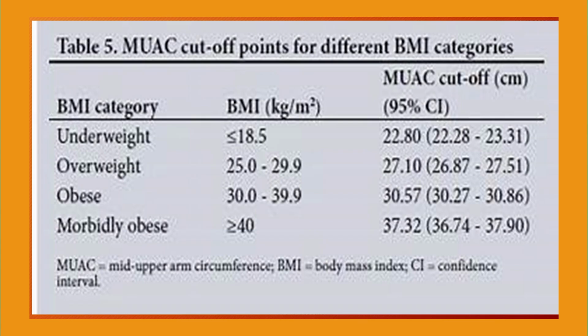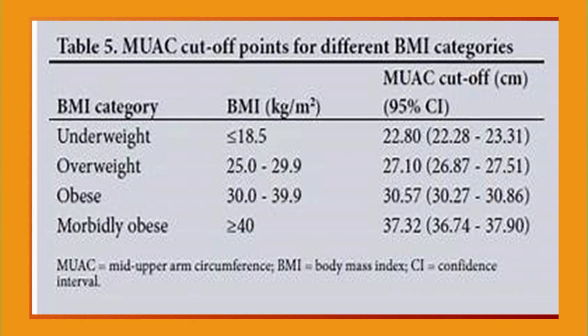Whereas for an overweight child, the BMI is more than 25 and ranges up to 29.9, where the MUAC cutoff comes to 27.10. Coming to obese, beyond 30, the BMI is 30 to 39.9, where the MUAC cutoff comes to 30.57.